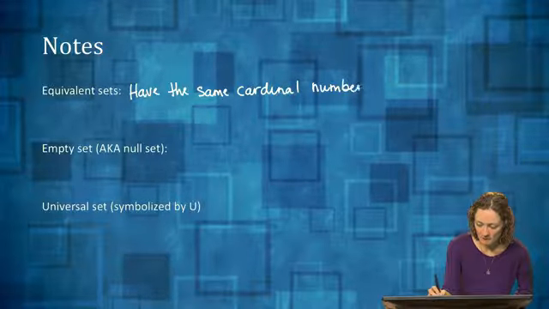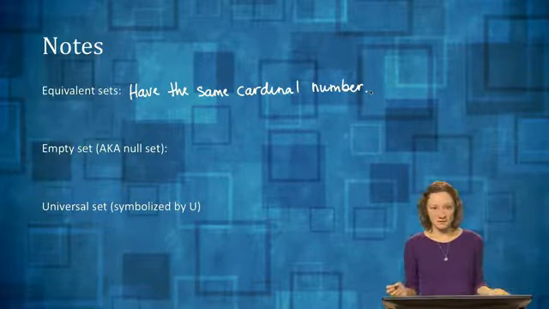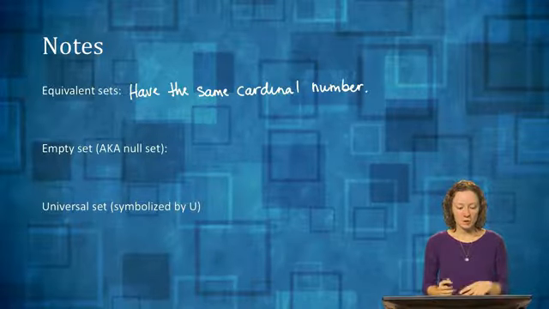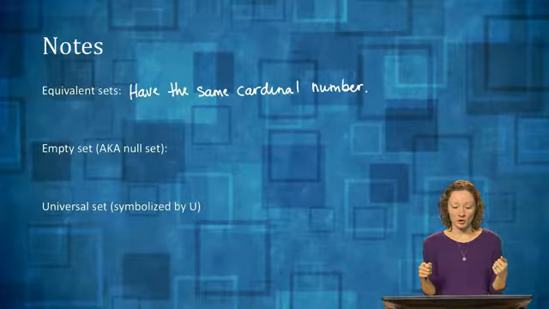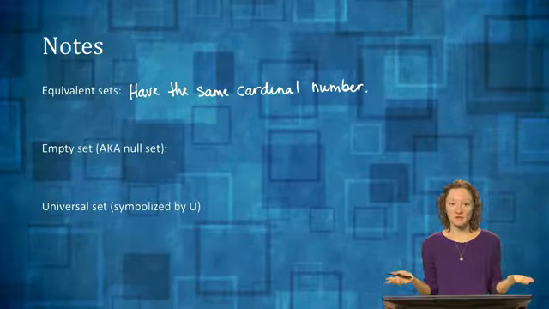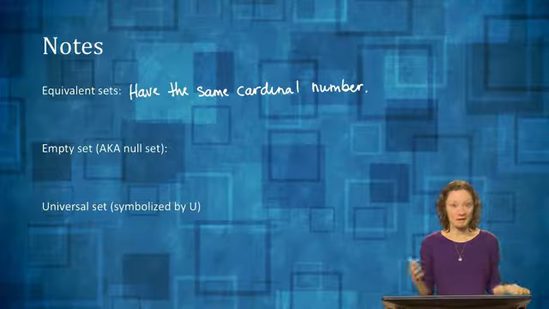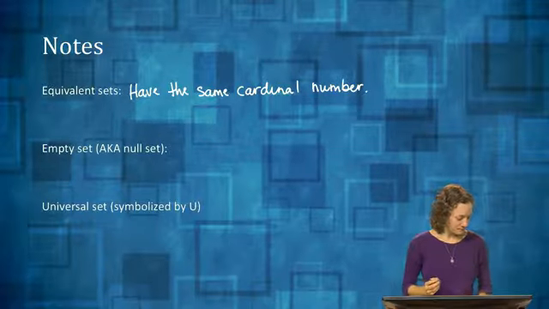And as we just saw, cardinal number means the number of elements in the set. So we might just be concerned with, do these two sets have the same cardinal number? If they do, then they're equivalent sets. It's just another way to make comparisons between sets.